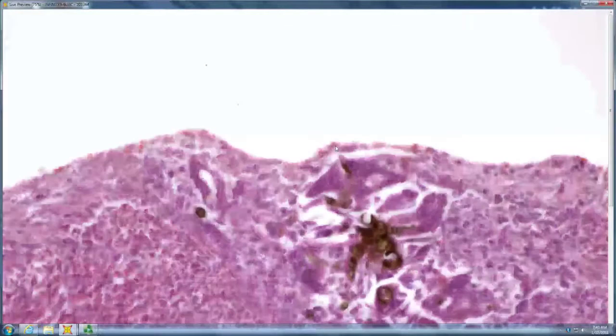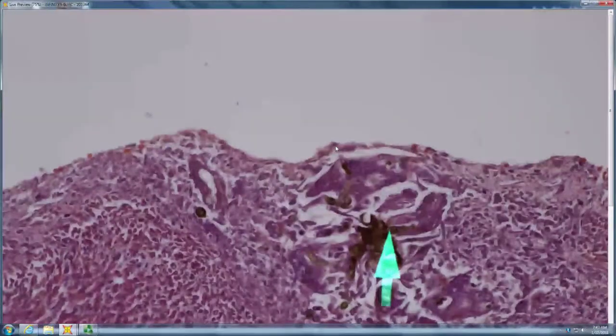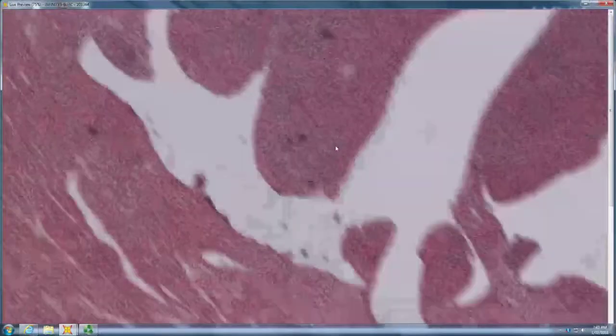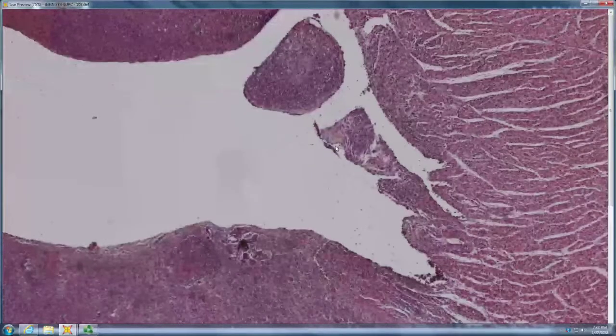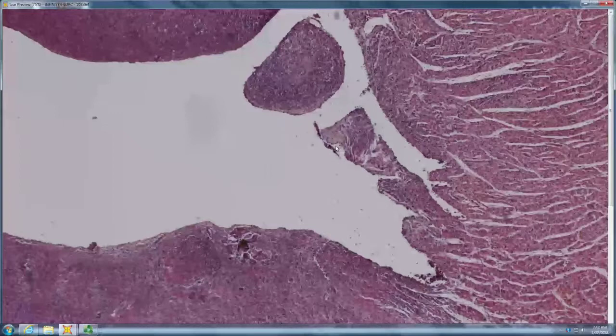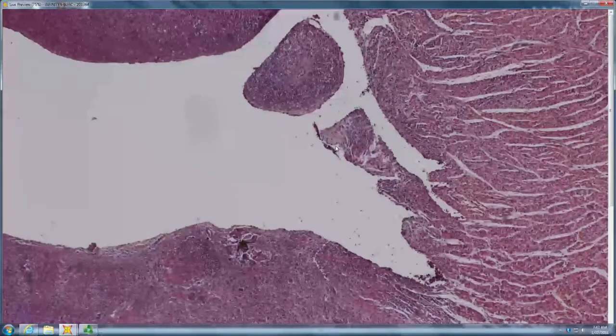Pheo? So pheo, and given that you have kind of a cystic space here in tissue, probably phaeomycotic cyst, which is primary implantation. Usually like a splinter or something.